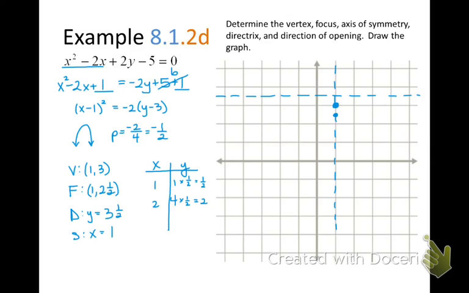When I go out 1, I'm going down 1/2 based on my table. And when I go out 2, I'm going down 2. So this is a pretty standard looking, it's not exact, but it is a pretty normal opening. Not super wide, not super narrow.